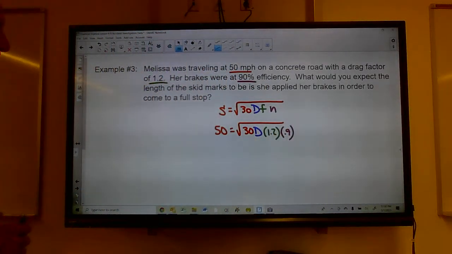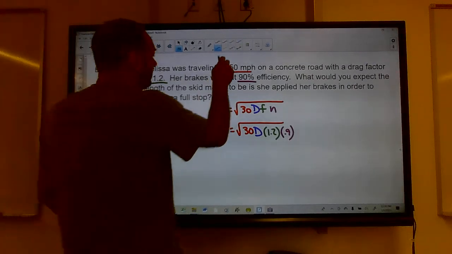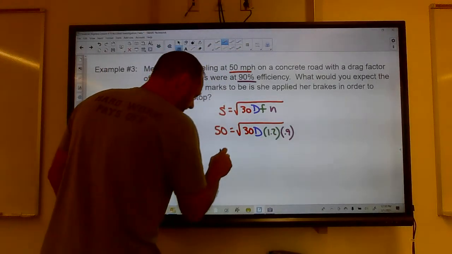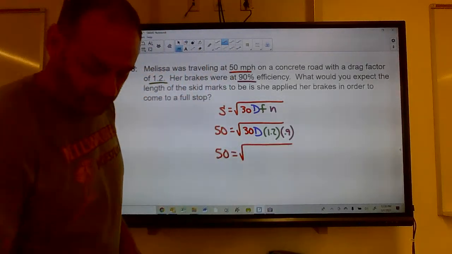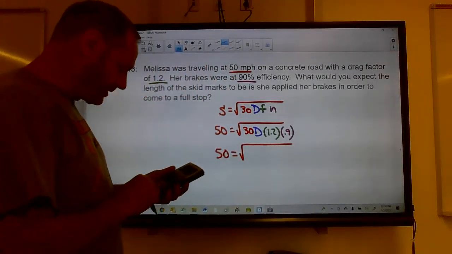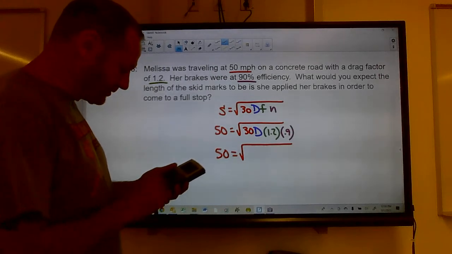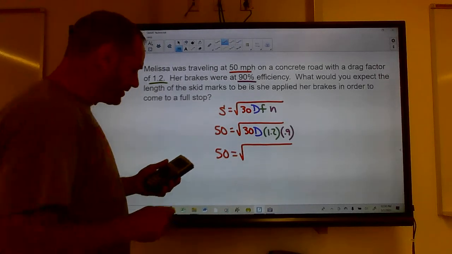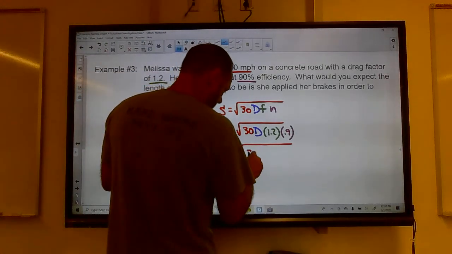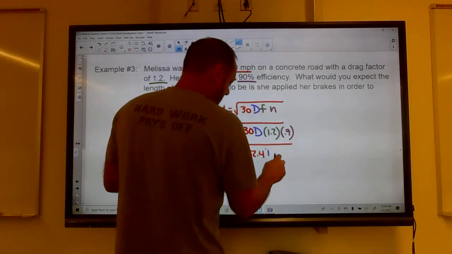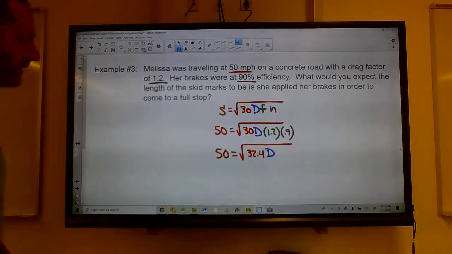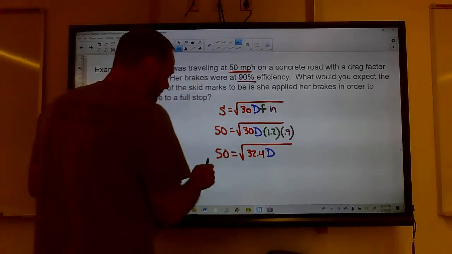Okay, how do I solve this problem? Well, probably what I would do is get all this stuff simplified underneath the square root sign first. So 30 times 1.2 times 0.9. So this is 32.4 times D. Okay, now I've got to get rid of the square root, so I'm going to square both sides.